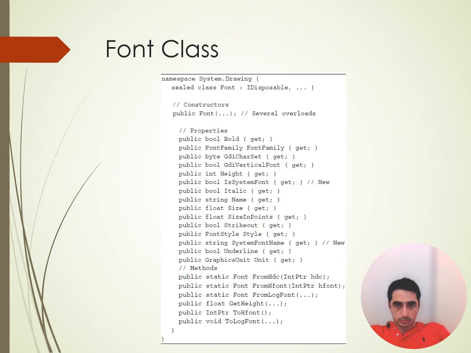Here is the Font class and the list of all its properties and methods. You can see different properties like Style, Strikeout, Italic, Bold, and FontFamily, and there are other properties and methods that you can see for yourself.